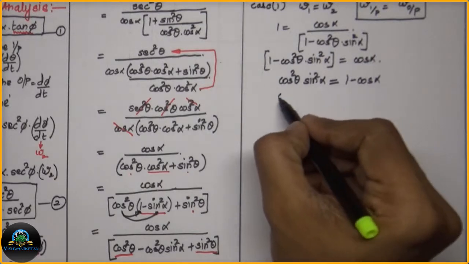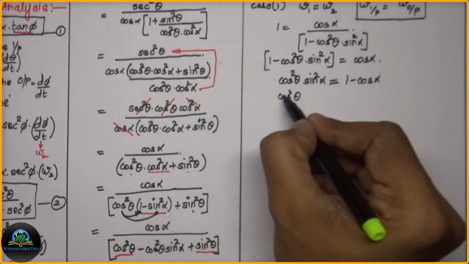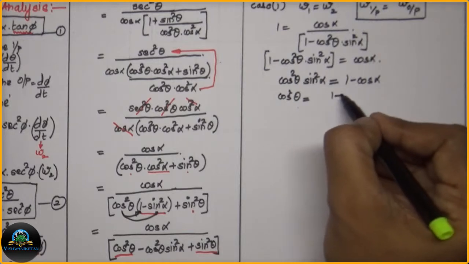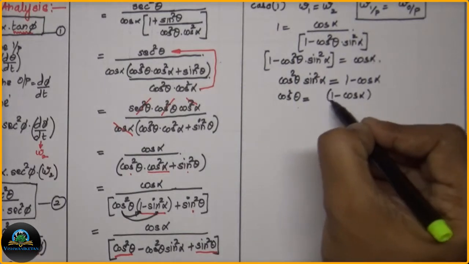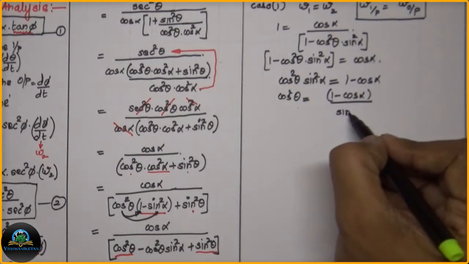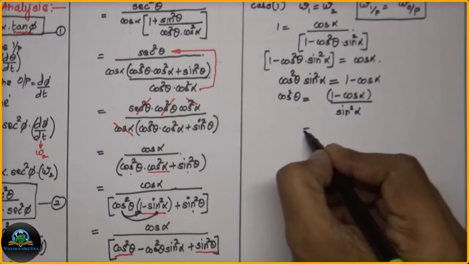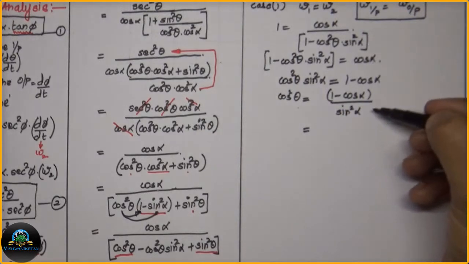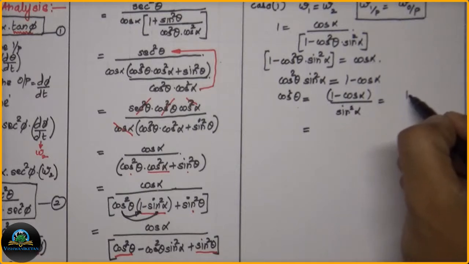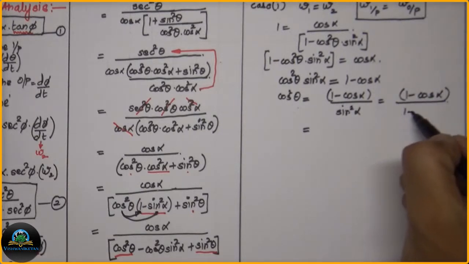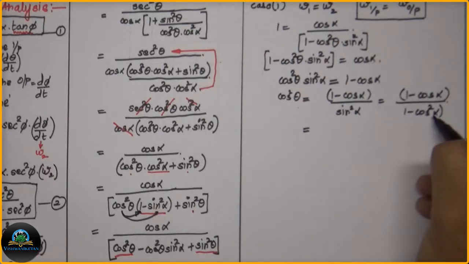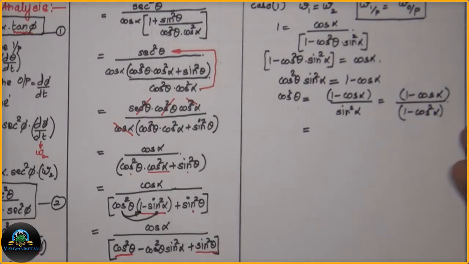Now, one last step. Cos square theta on one side would be 1 minus cos alpha divided by sine square alpha. I'm sure by this time you should have seen how this can be simplified. So we will keep the 1 minus cos alpha in the numerator as it is, and in the denominator we would replace sine square alpha by 1 minus cos square alpha. Let's do it a bit faster.